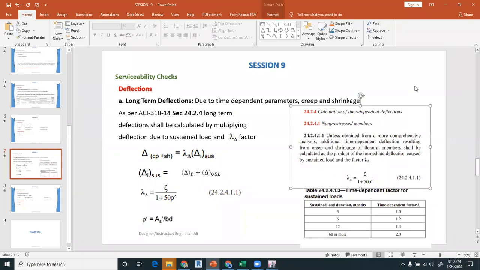So this is the statement of the code, and we have these values of delta, alpha delta and rho, and this is the value for xi. It depends upon the time. If you are calculating your long-term deflection for 3 months, 6 months, 12 months, or 60 months or more, you have to select this factor value from the corresponding table, right?